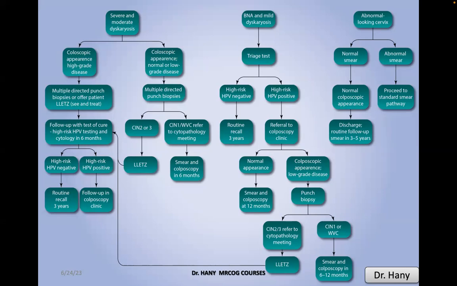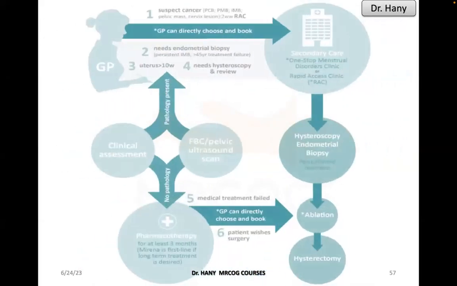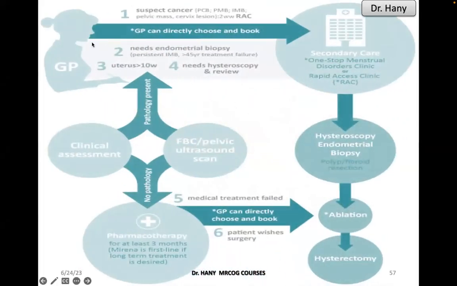Negative, 3 years recall. Does this make sense? Easy. This is the cancer pathway, the GP vision. This patient is on the track or in the routine. High risk of cancer, like suspected pelvic mass or pelvic lesion, 2 weeks RAC, rapid access clinic.